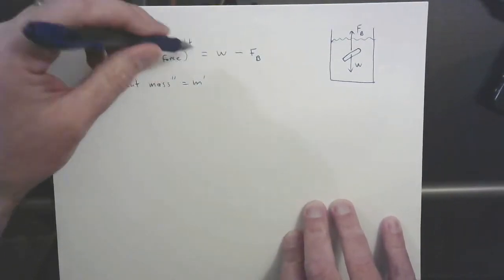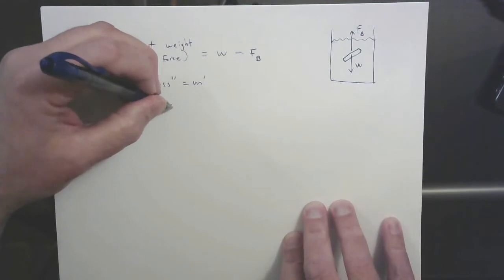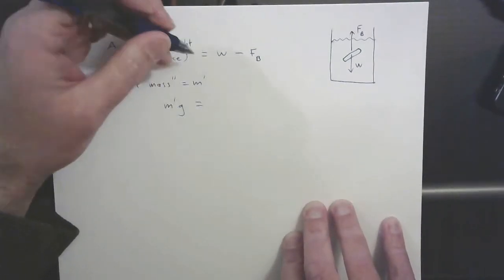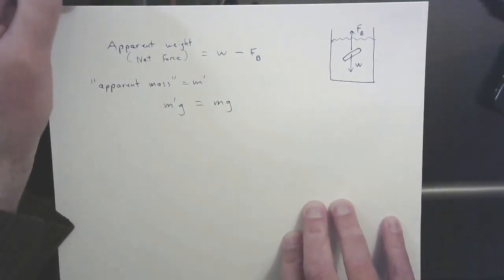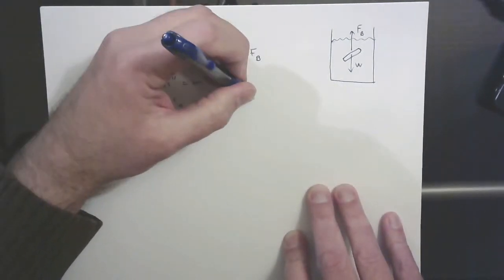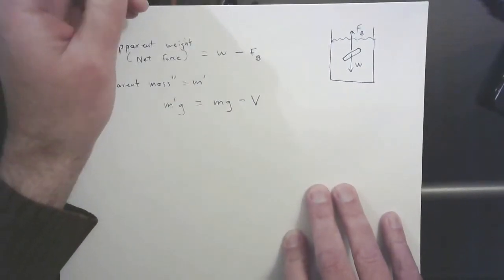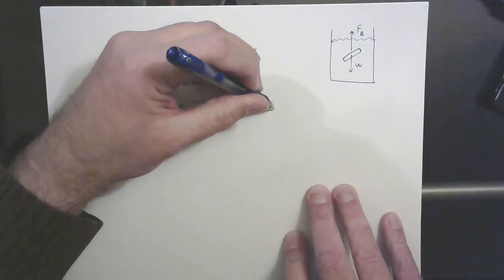So I can rewrite this equation. Net force is apparent mass times the acceleration due to gravity, and that's going to be weight, which is mass times the acceleration due to gravity, minus the buoyancy force, which was the volume displaced by the coin times the density of water.